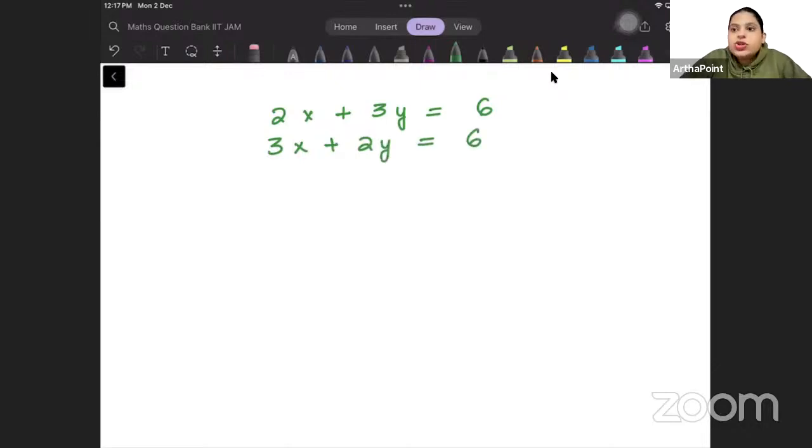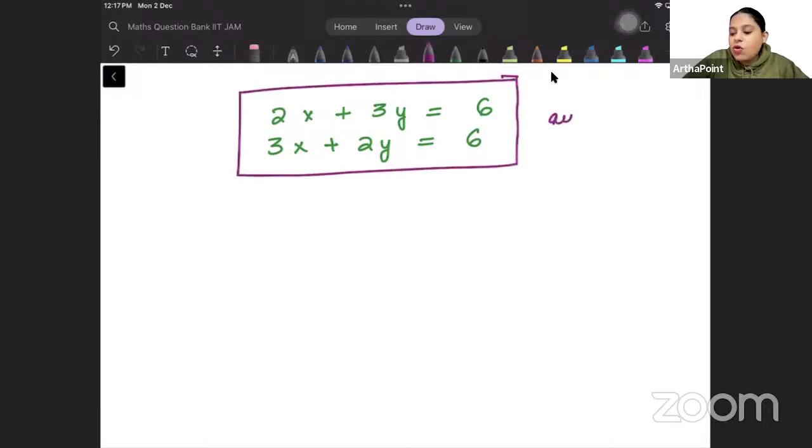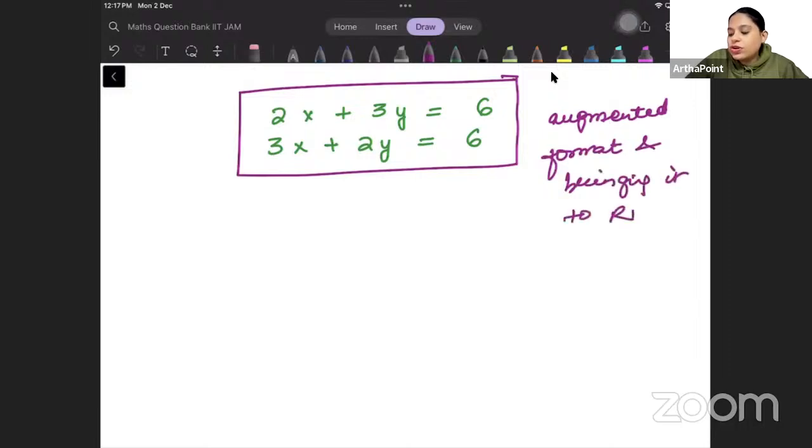One way in which we can solve these equations is by writing this in the augmented format and bringing it to row reduced echelon form. Bringing it to row reduced echelon form.